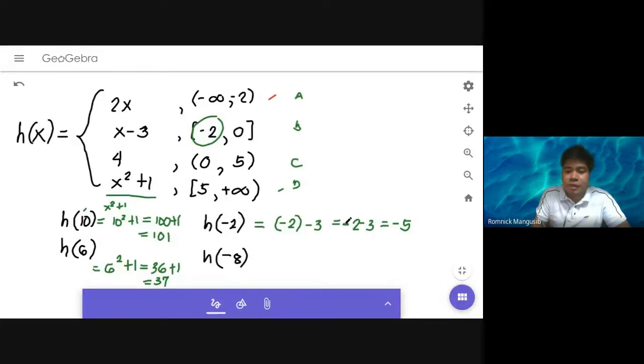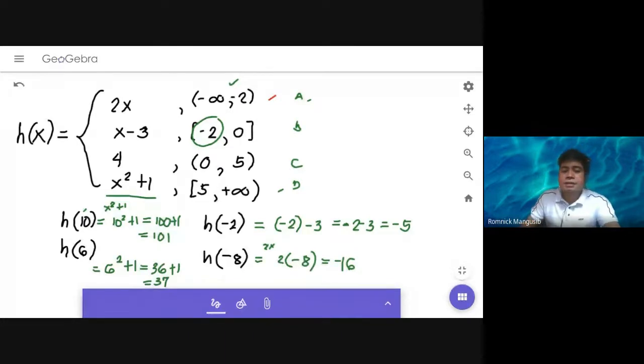I just enclosed negative 2 for emphasis that we substituted x into its equivalent, negative 2. Okay, what about h of negative 8, where negative 8 is less than negative 2, right? So it is found on letter A interval. So that your answer is, you are now using 2x as the function. So we have 2 times negative 8 is negative 16.